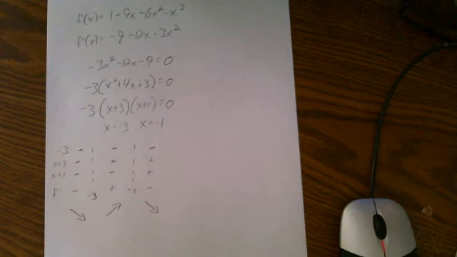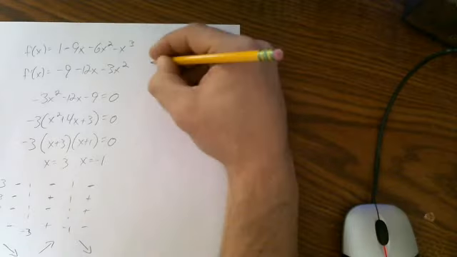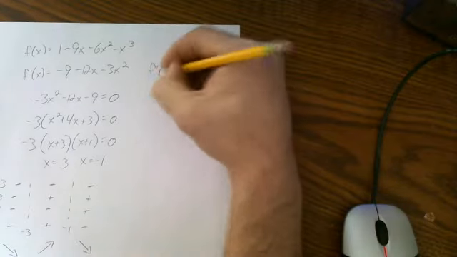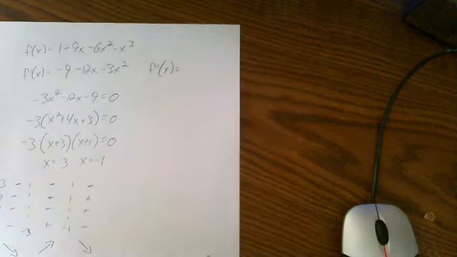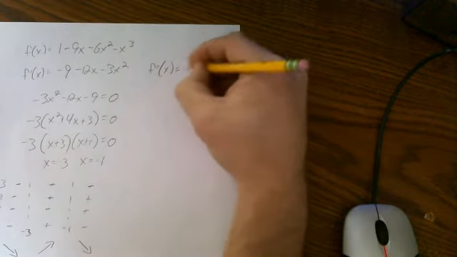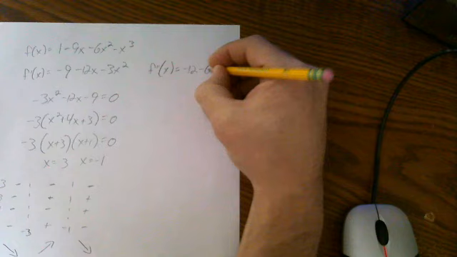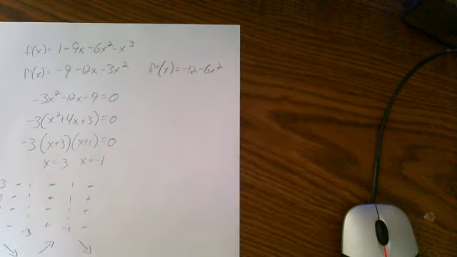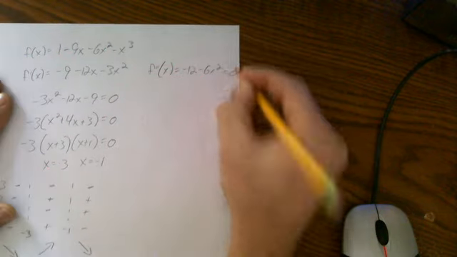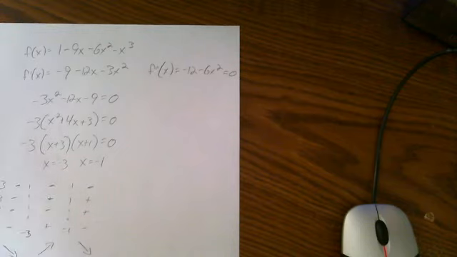Now we're going to create a concavity chart and combine all of that information. f double prime of x equals negative 12 minus 6x squared. Let's set this equal to 0 to determine any possible inflection points.